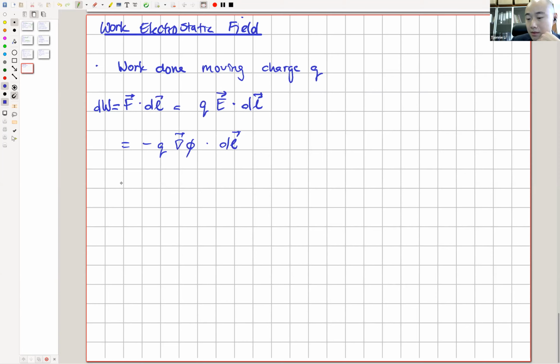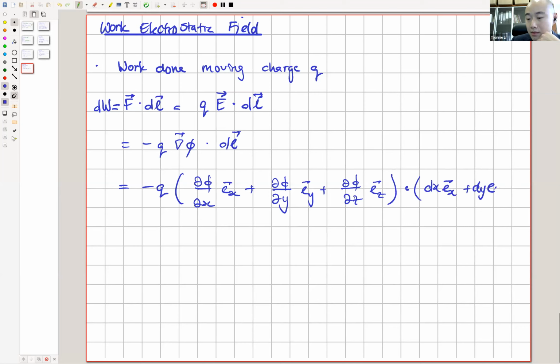Just as a recollection of the explicit expression of the gradient, this is partial phi partial x in the x direction plus partial phi partial y in the y direction plus partial phi partial z in the z direction, and dl is simply given by dx ex plus dy ey plus dz ez.